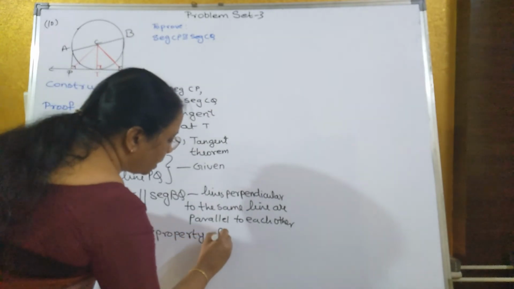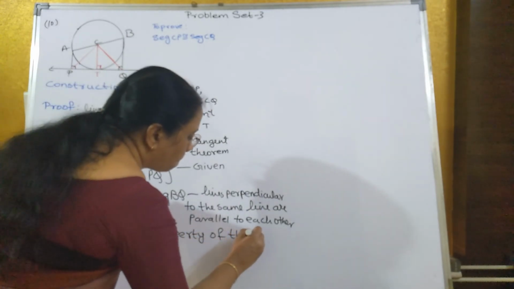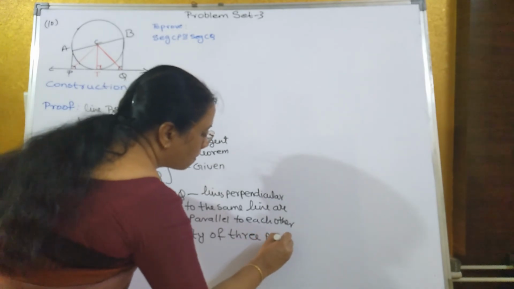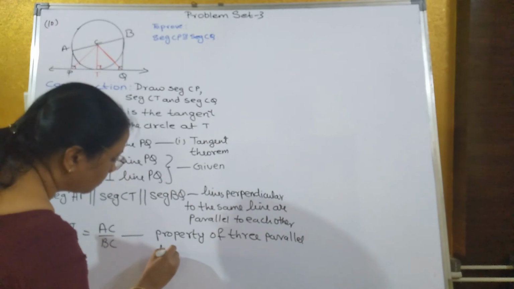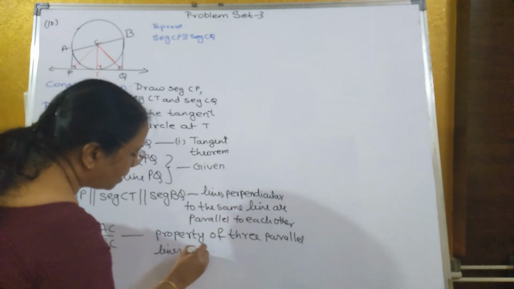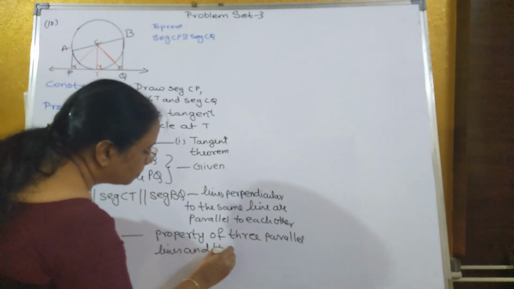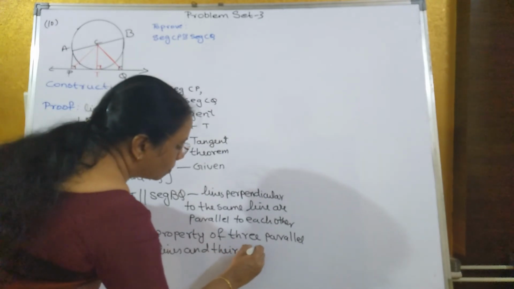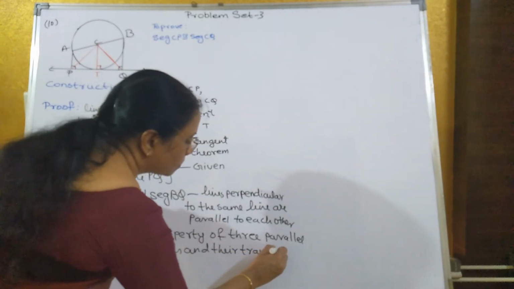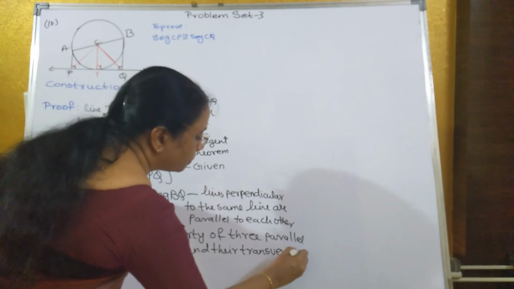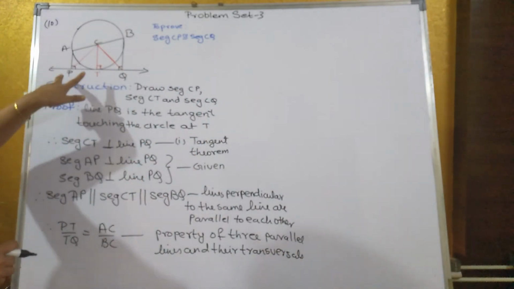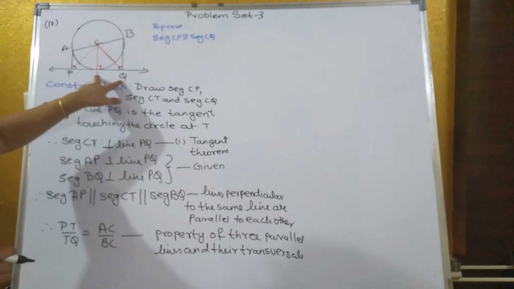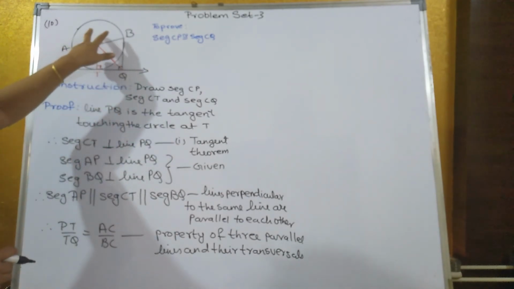So by the property of three parallel lines and the transversal, we have got PT upon TQ is equal to AC upon BC.